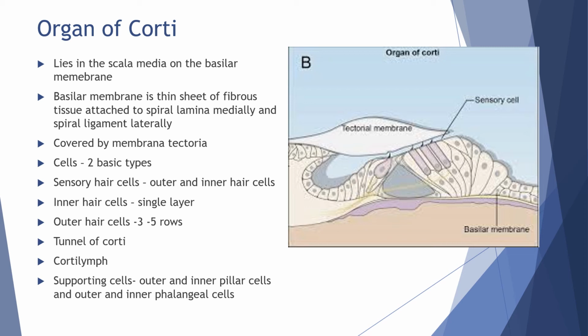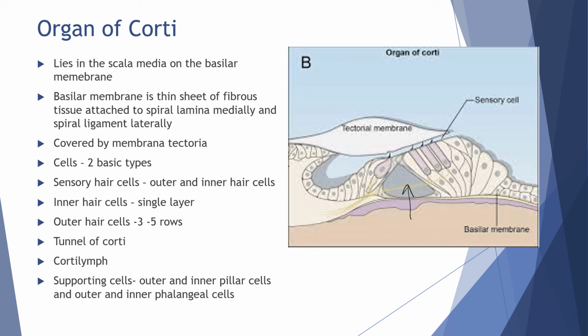There are two types of cells, sensory hair cells, which are divided into outer and inner hair cells. So the inner hair cells form a single layer. Outer hair cells form 3 to 5 rows of cells. In between them, there is a tunnel of Corti which contains the Corti lymph.